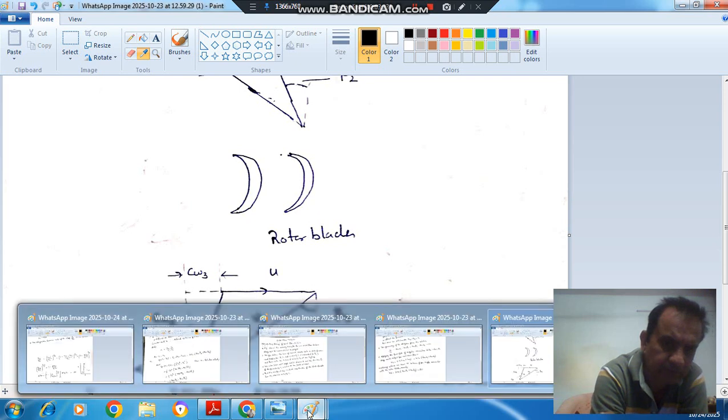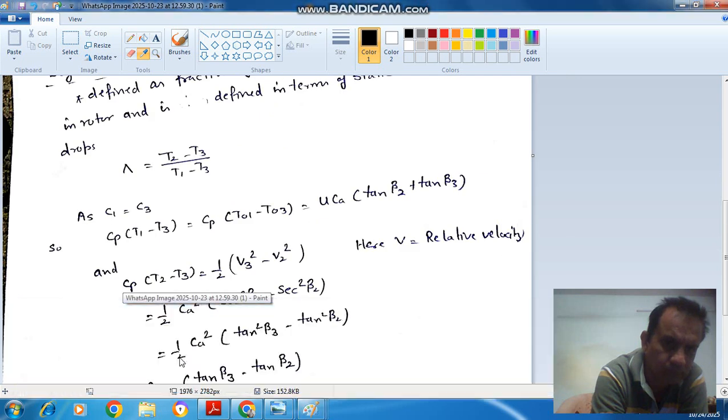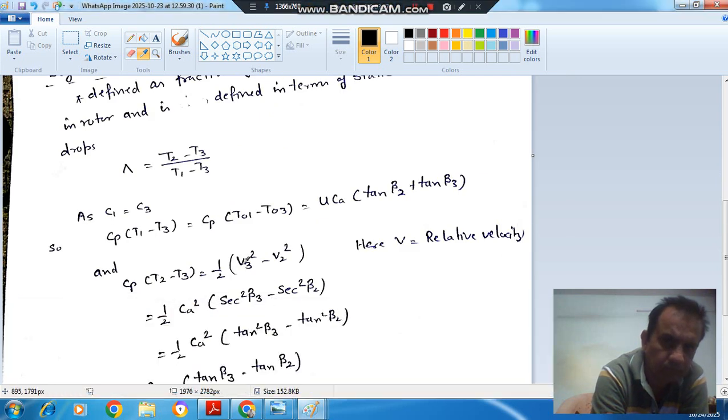So we can write this V3 as Ca secant beta 3 and V2 as Ca secant beta 2. So this can further be written using 1 plus tangent square, so it will be tangent square beta 3 minus tangent square beta 2. Okay.